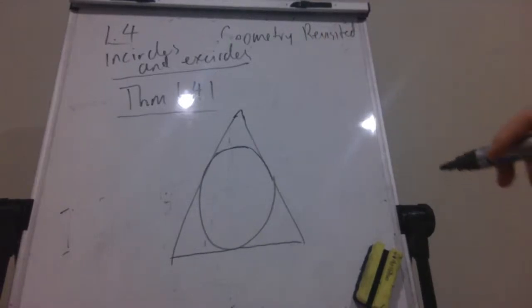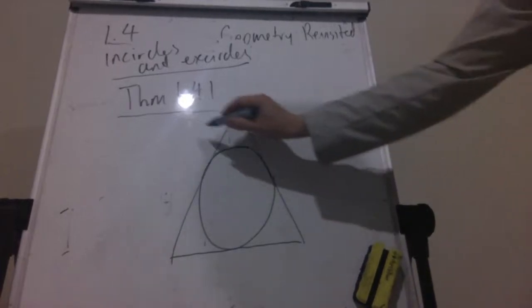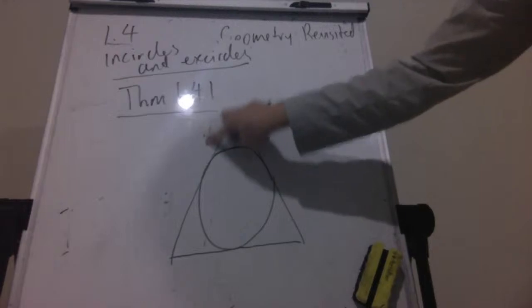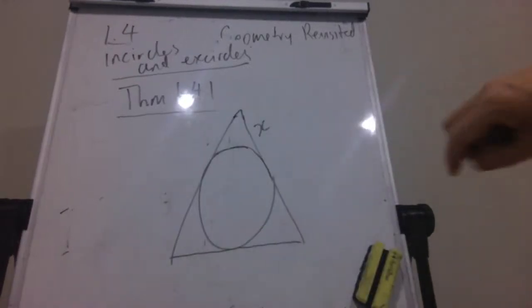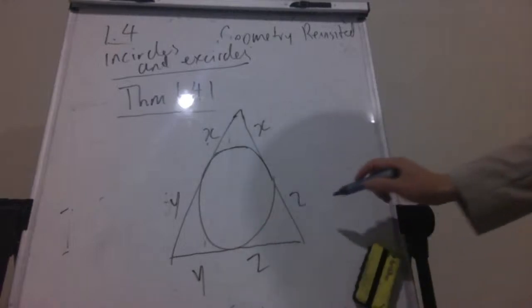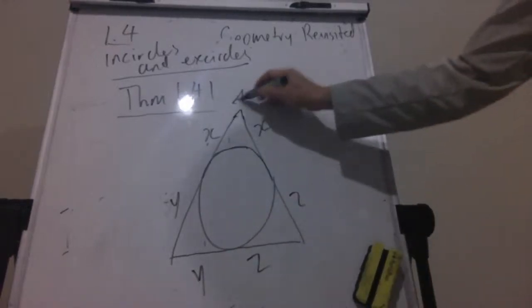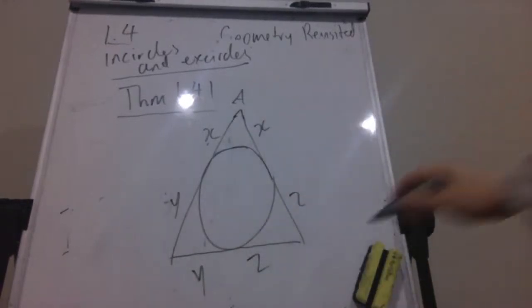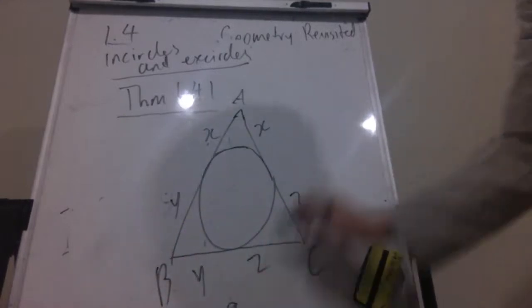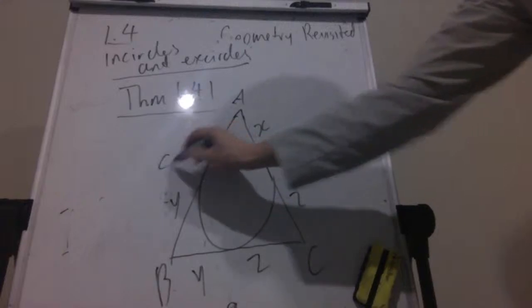This is X, this is Y, and this should be X as well. This is X, this is Y, this is Y, this is Z. This is A, B, C. So this is A, this is B, and this is C.